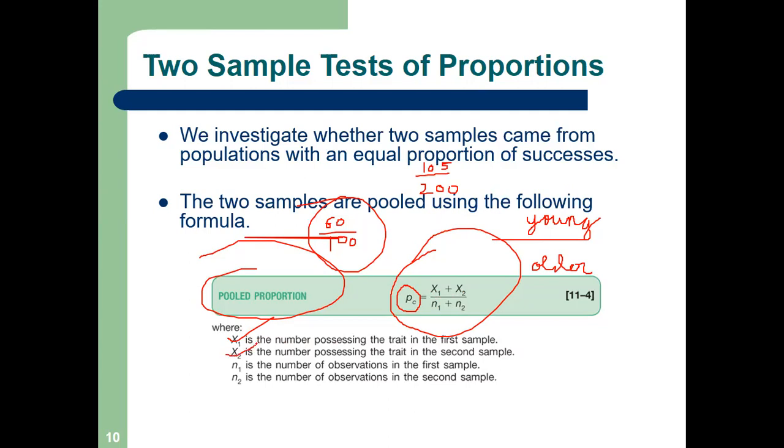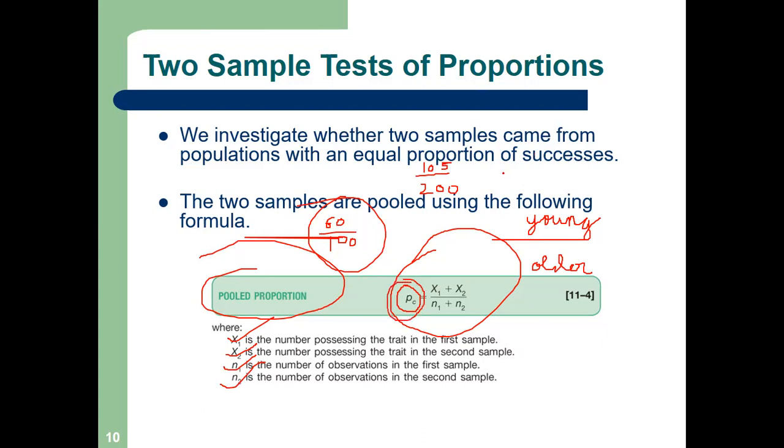X2 is the liking of the fragrance by older females. N1 is the total number of young females in the sample we have taken, and N2 is the number of older females.